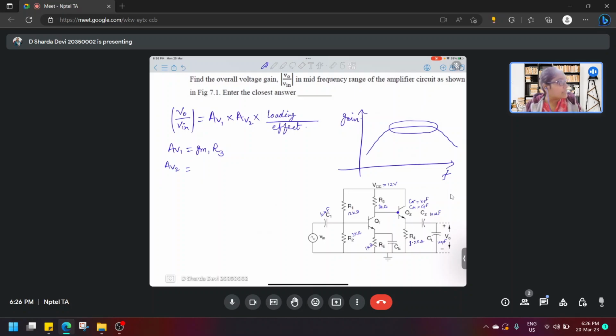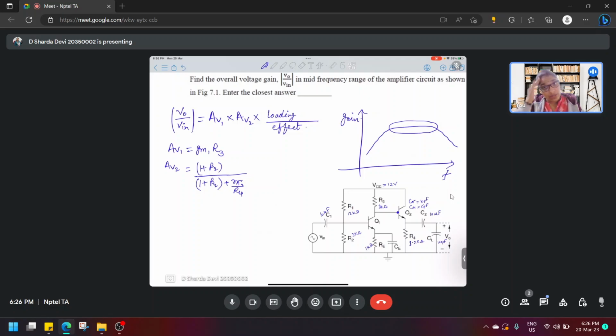So the gain for the CC amplifier is 1 plus beta 2 upon 1 plus beta 2 plus R5 by R4. This is the gain for stage 2, the CC amplifier.